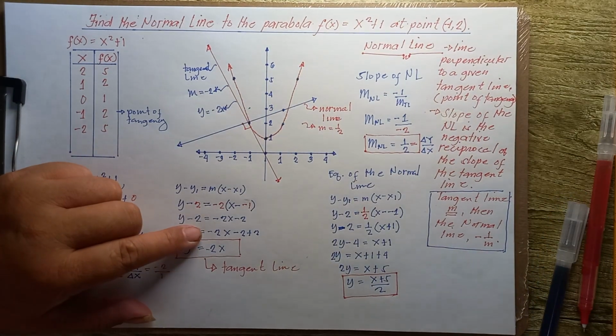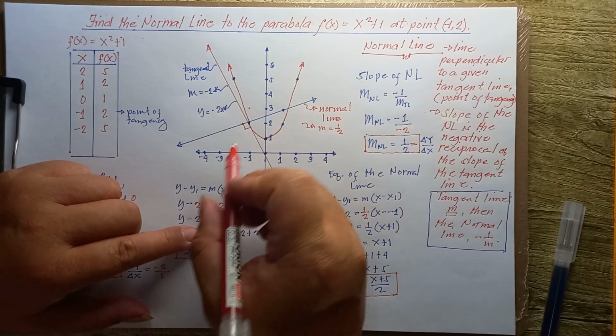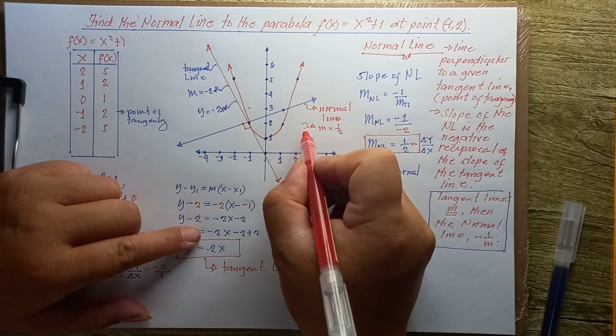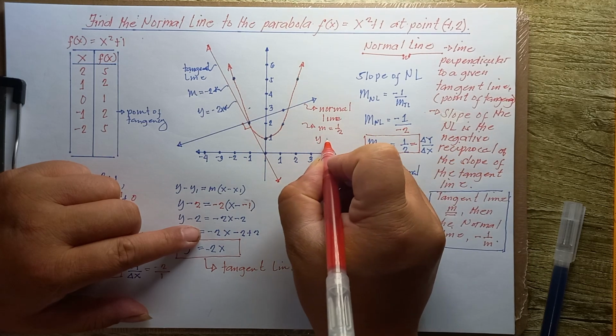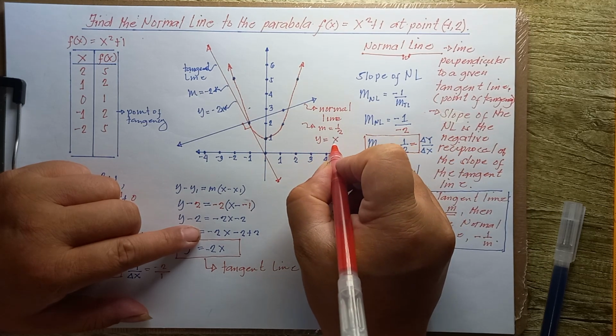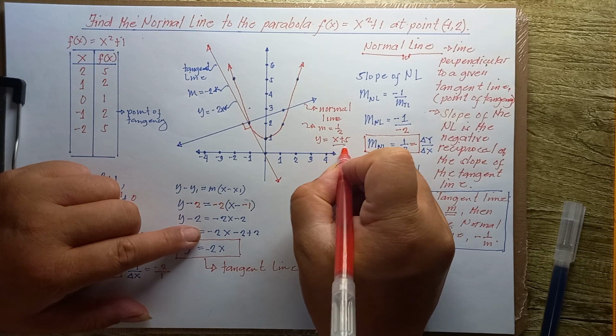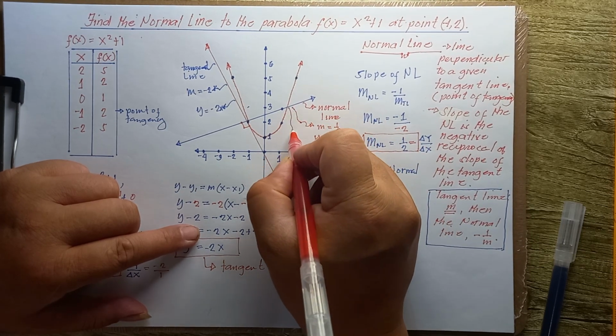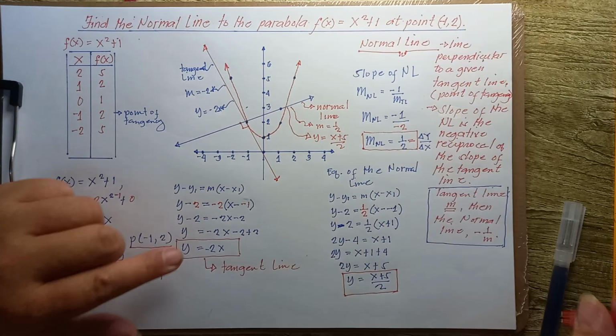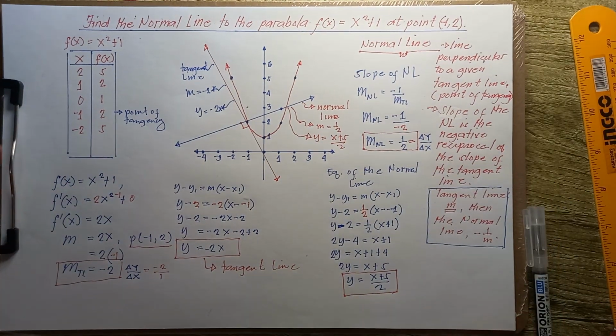Now, what about our normal line? The equation of our normal line is y is equal to x plus 5 over 2. So that is the normal line.